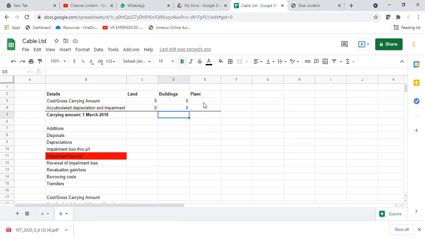And remember, for plant, there's also no opening balance. Why? We only decided to acquire the plant in the current financial year. So therefore, the opening balances are all 0. So it's very important to take note and not make a mistake that some would make.